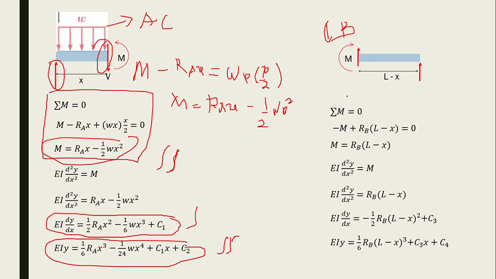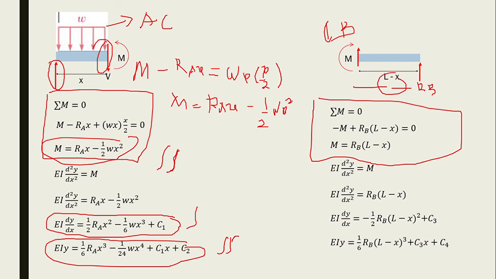We do similarly with the second part, the CB part, and we also get M equal to R_B times L minus x, where x is the point that we want.